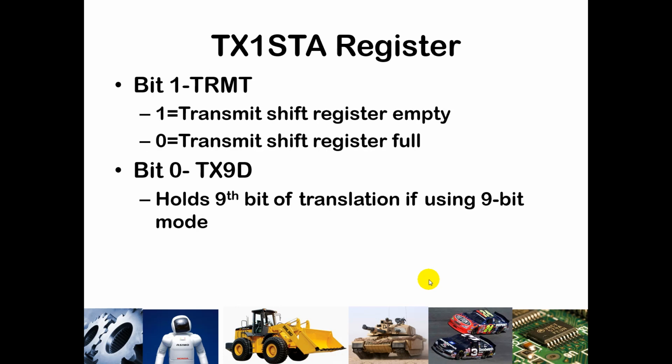And then TRMT is a bit that determines whether the transmit shift register is empty or is full. And so that just tells you a little bit about how things are going with the transmission of data. And the TX9D, if you were to be sending a 9th bit, that would be where you would hold that as you're shifting things on out. We won't be worried about that, so we'll just put a 0 into that bit as well.